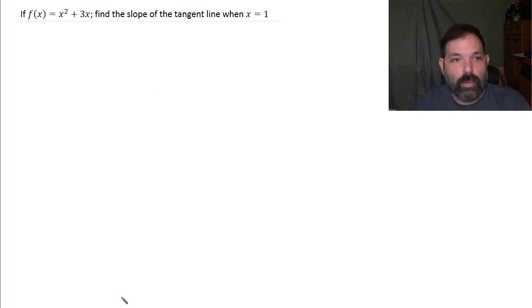So here's an example. If the function is x squared plus 3x, find the slope of the tangent line when x equals 1.